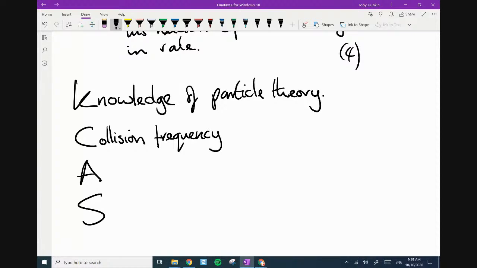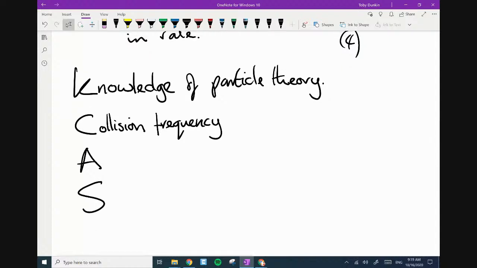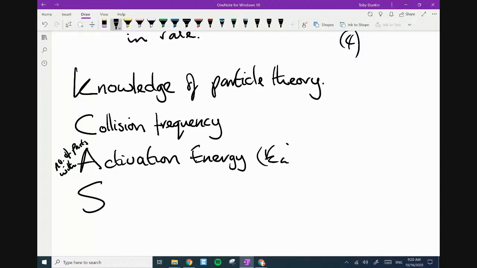The next one is the number of particles with the activation energy. Now this is a tricky one. Activation energy, symbol Ea. It's always nice to do that. So this is the number of particles with the activation energy. I know that people then go, well, hang on a minute, KCAS doesn't work then, does it?